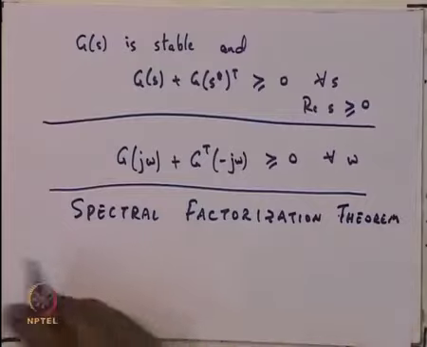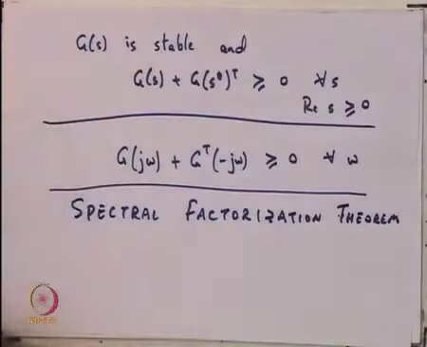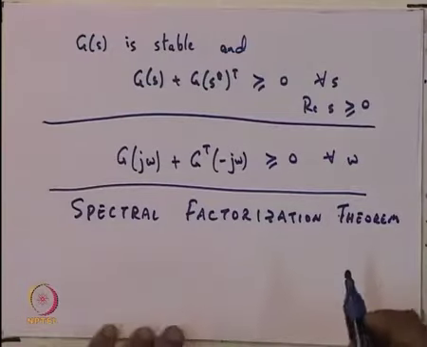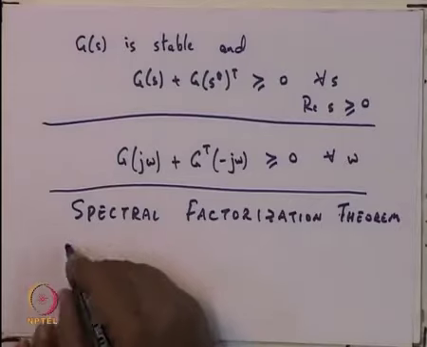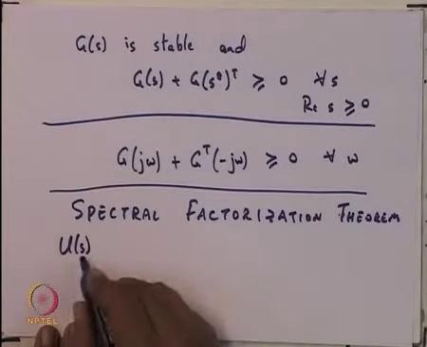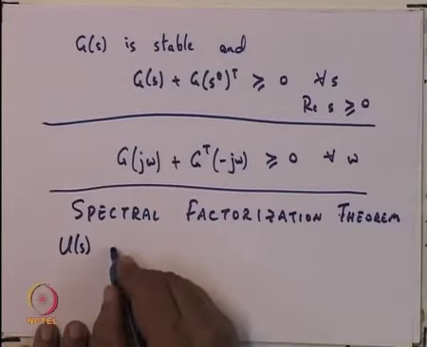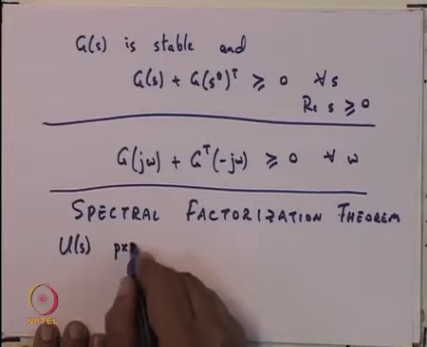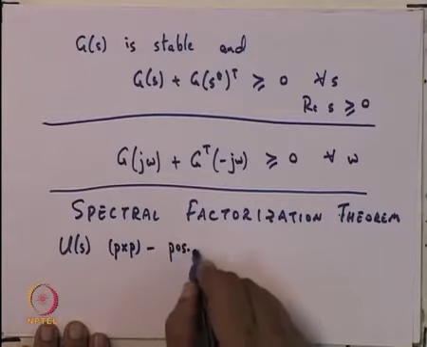So, what does the spectral factorization theorem say? Well, it says the following: suppose you have U(s), which is, let us assume, a P cross P matrix which is positive real.